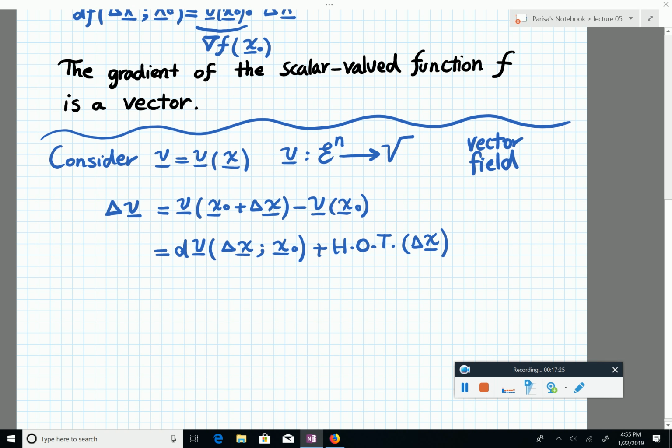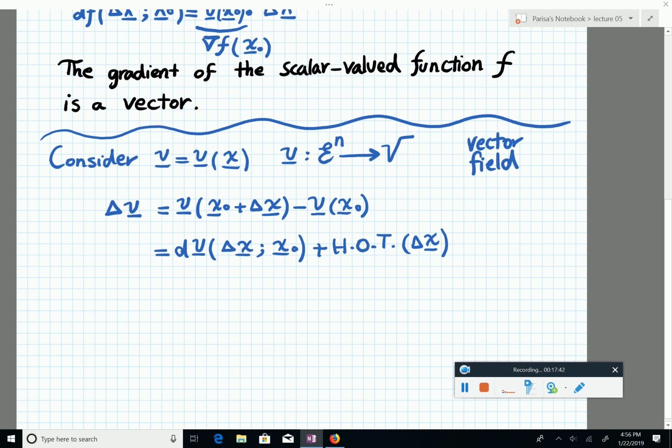And you know that those higher order terms go faster towards zero when delta x becomes tinier and tinier. So I don't keep repeating and writing those down. Now, you can kind of see where I'm going.